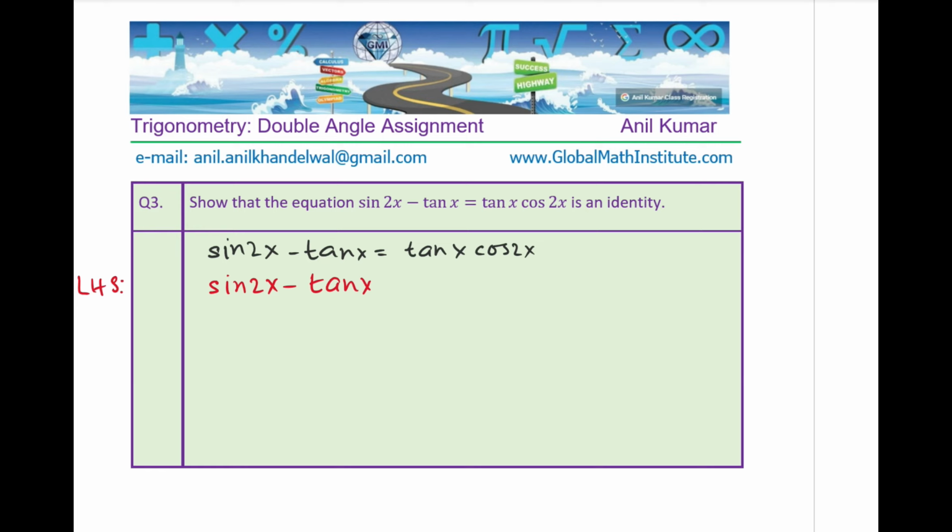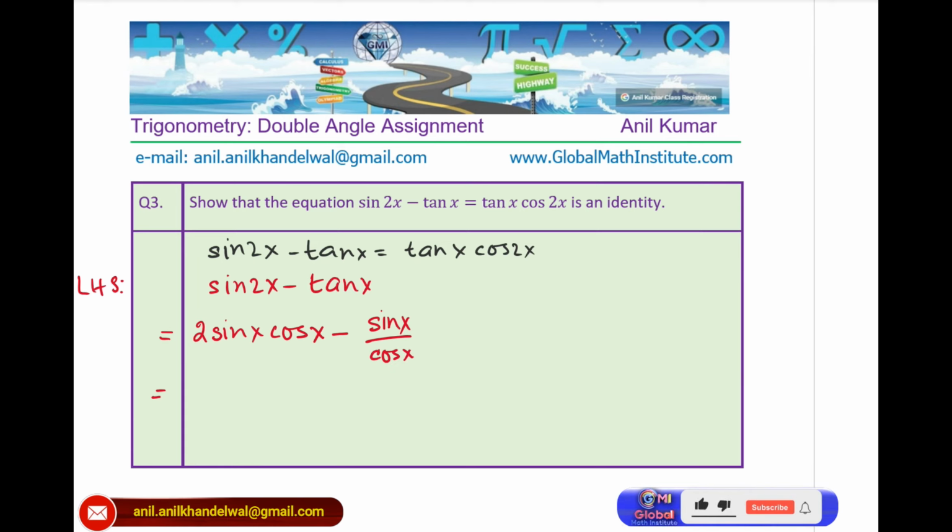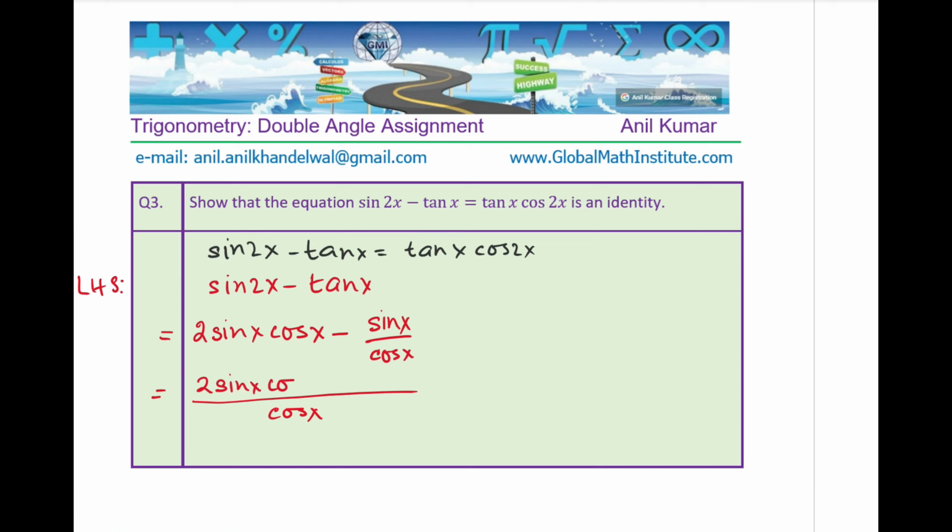Sin 2x can be written as 2 sin x cos x, and tan x can be written as sin x over cos x. Now taking a common denominator, which is cosine x, we get 2 sin x cos square x minus sin x.